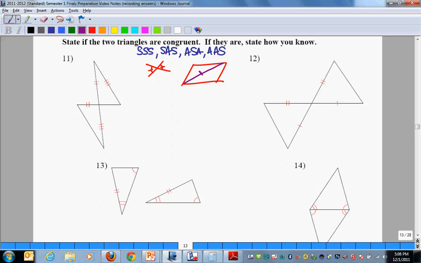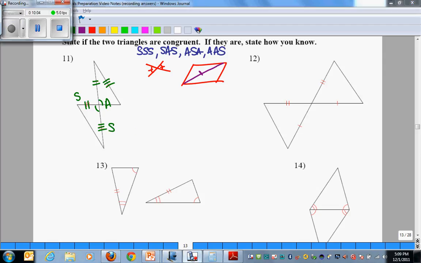So taking a look at 11, let's first mark any freebies, and we see that we have an angle. And we see here we have a pair of sides, and here we have a pair of sides.